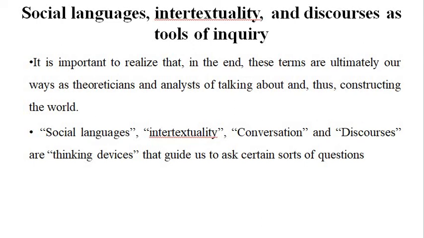So this text is the product and the producer of that society. So we may argue that we may retrieve the culture of that society in which the text is written.